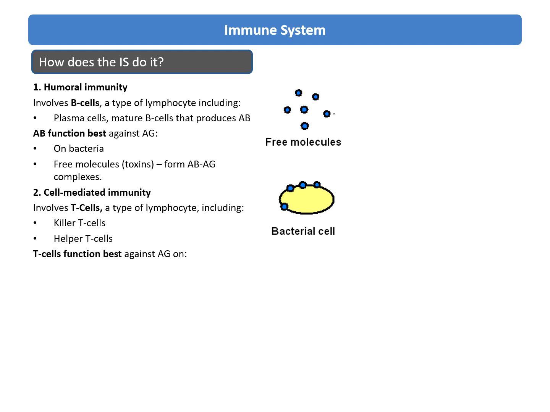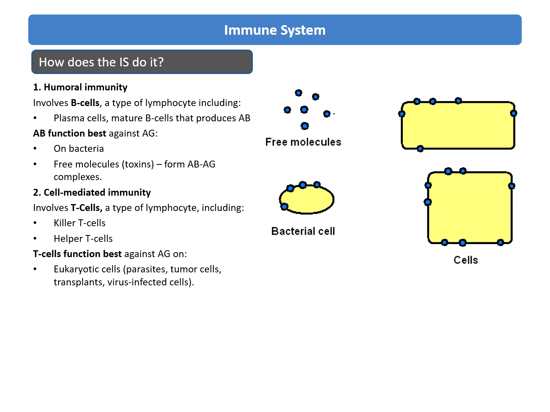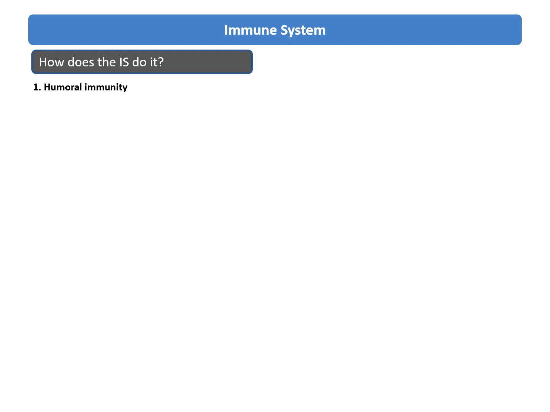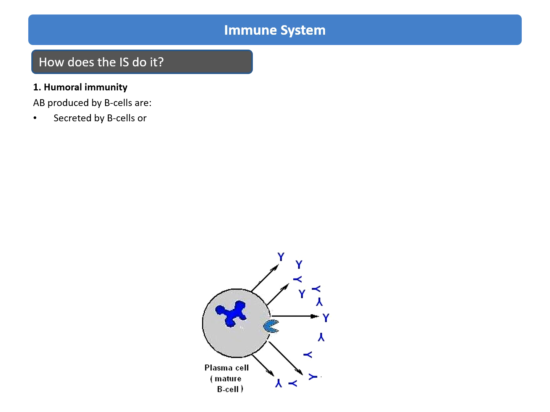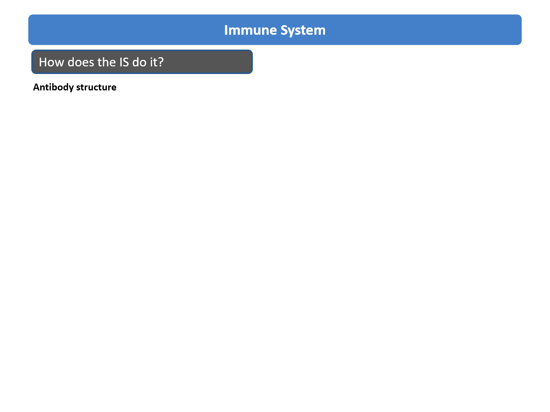T cells function best against antigens on eukaryotic cells, such as parasites, tumor cells, transplants, and virus-infected cells. In humoral immunity, the antibodies produced by the B cells are secreted by the B cells or attached to the plasma membrane to serve as receptors.